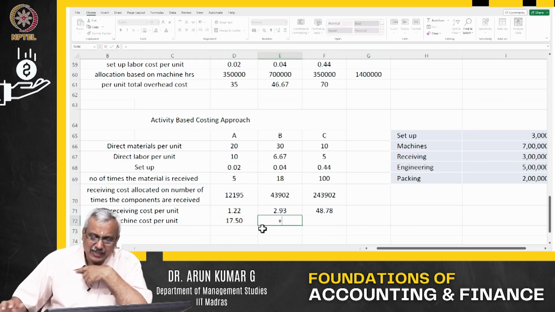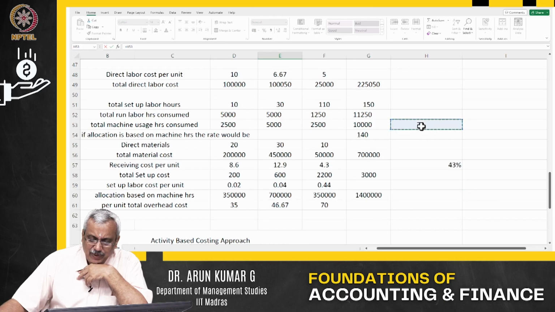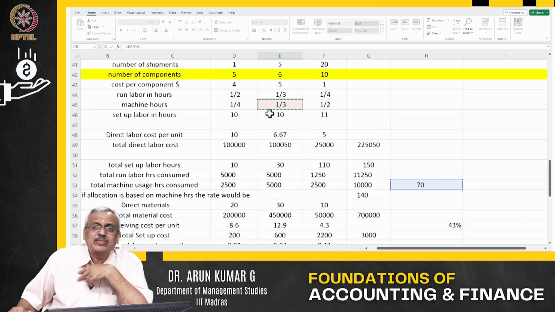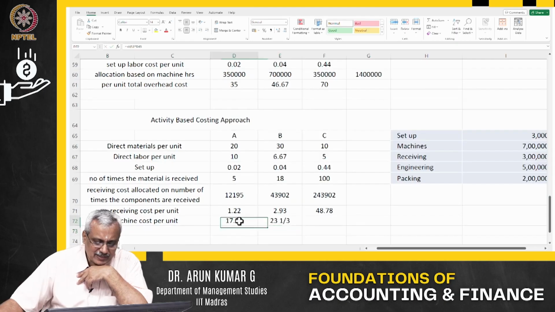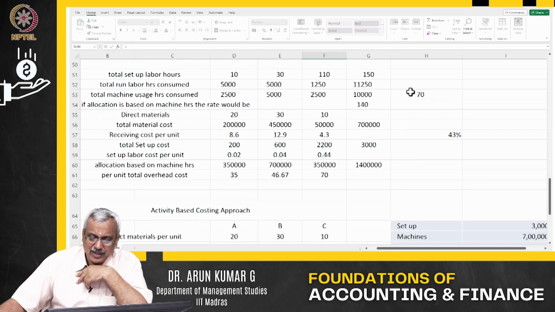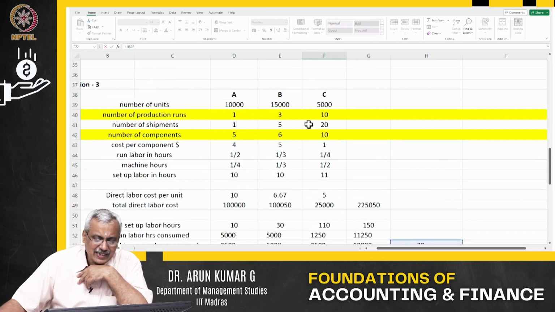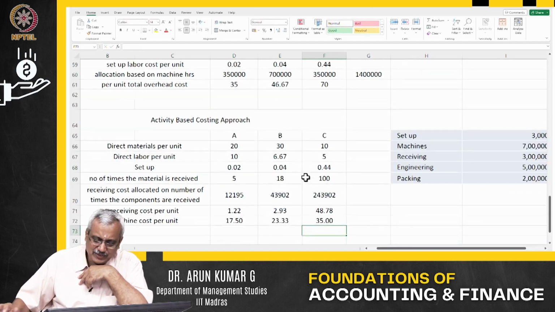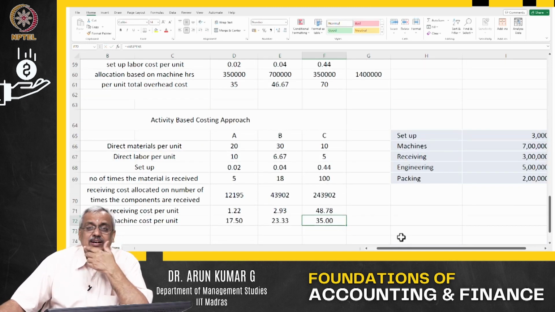For product B, the machine cost per hour is $70 and for every part I need 1/3 of an hour, so my cost is about $23.33. For product C, the cost per hour is $70 and I need half an hour for manufacturing each part, so it is $35.